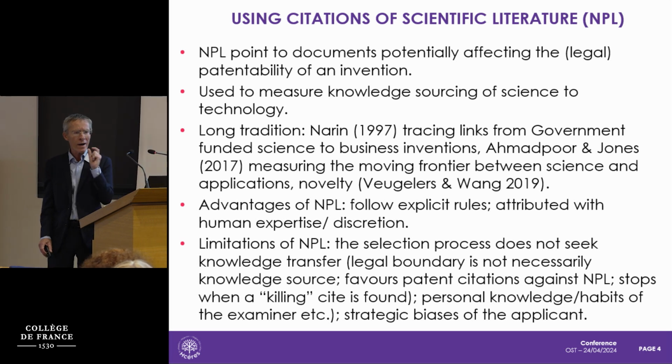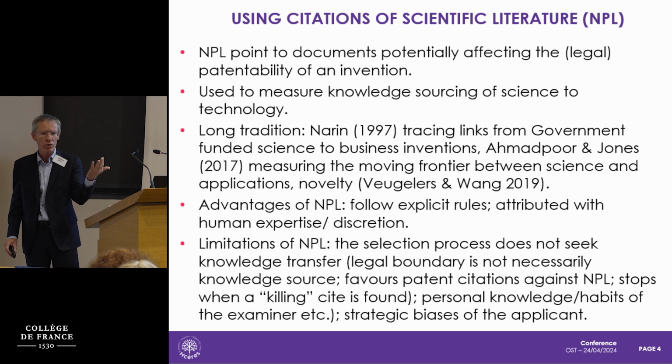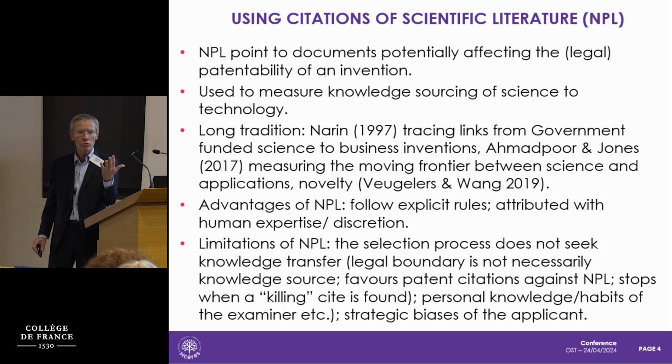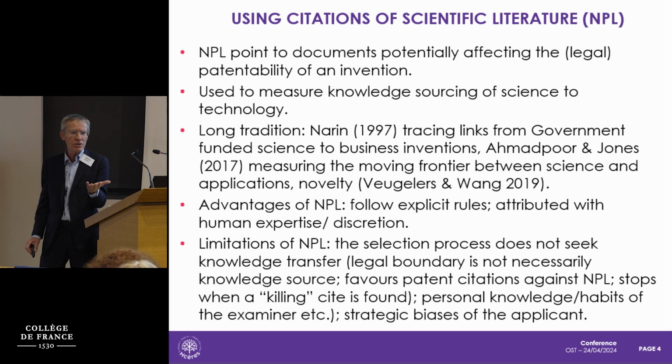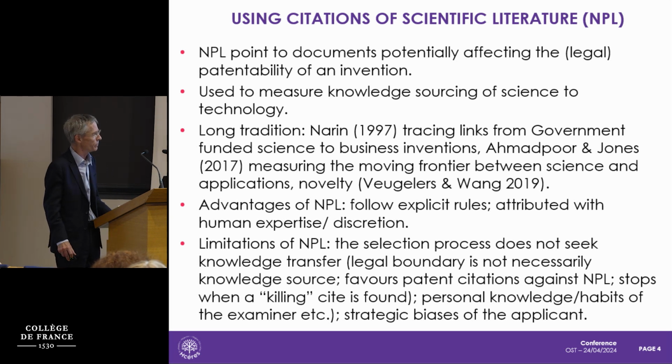So if they find one document that kills a claim in a patent, they won't be looking for a second one. Possibly the other one would be the real source, but the examiner does not care. He found a way to kill this claim.